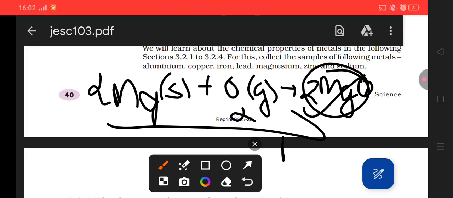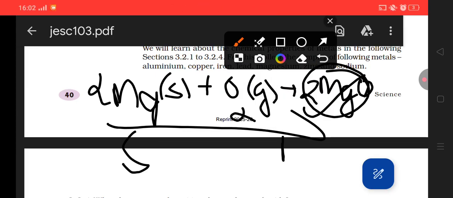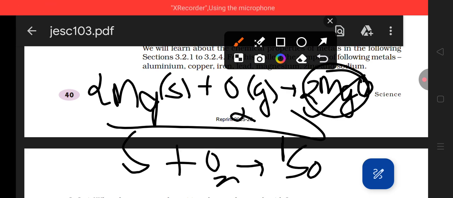You have already read this in class, in chapter number 2. Now the second reaction, that of sulfur. Sulfur again reacts with oxygen, so we get sulfur dioxide.